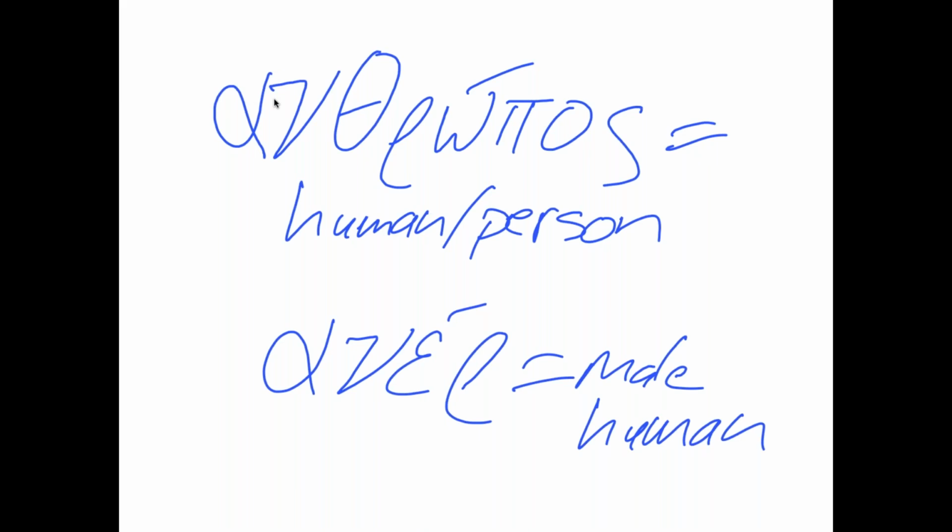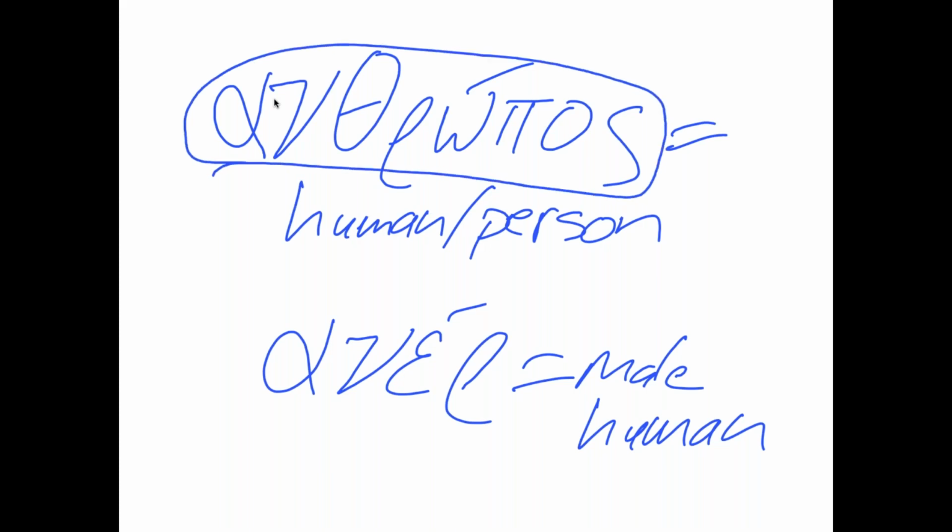A lot of the confusion that has been brought on by some of the different translations comes from the fact that this word was often translated as man. Well, this word can mean man, and it can mean specifically a man. For example, in John 1 it says, there was a man sent from God whose name was John. He was not the light, but he came to bear witness to the light.